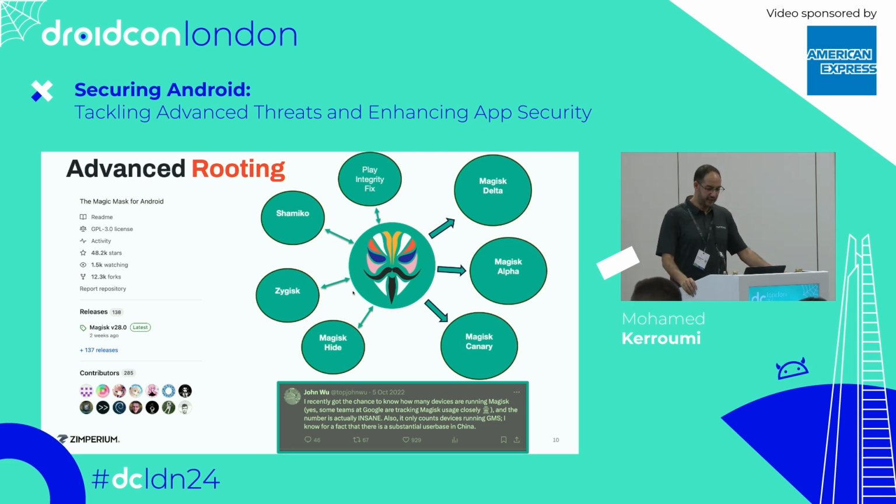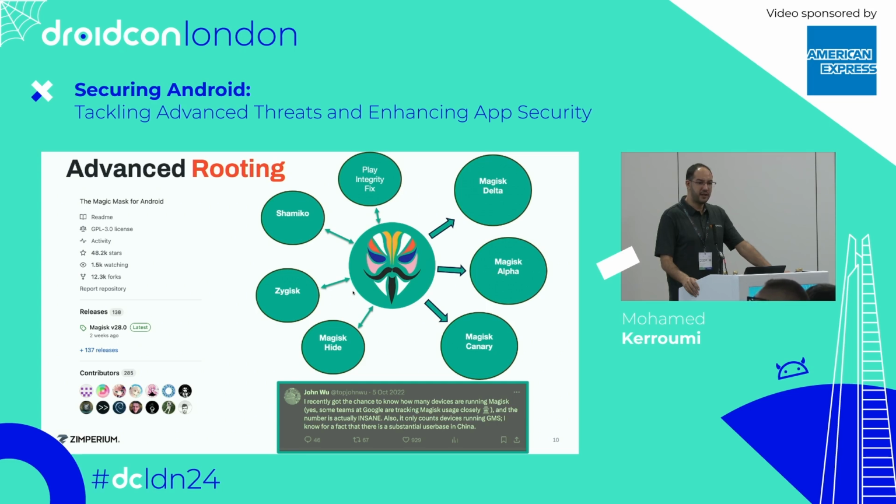Magisk is great because it's like a framework where you can have modules, and these modules can help you bypass root detection and also fix Play Integrity. The motivation behind Magisk is mainly for people who root their device to be able to run their banking app and have everything working, as if the device is not rooted.